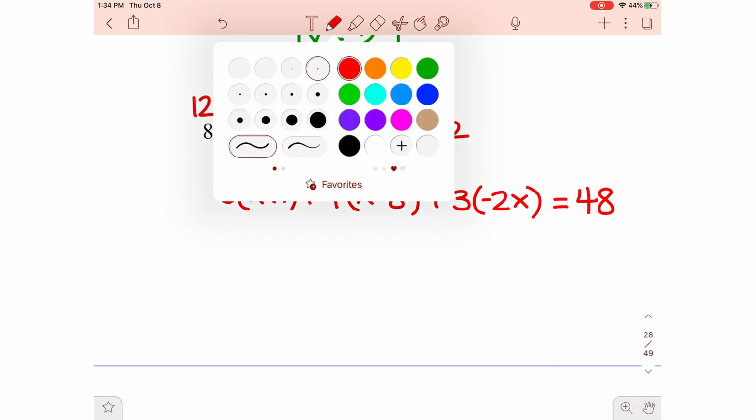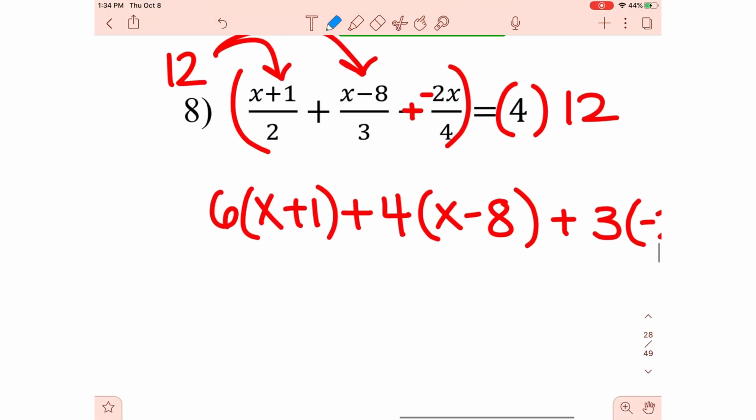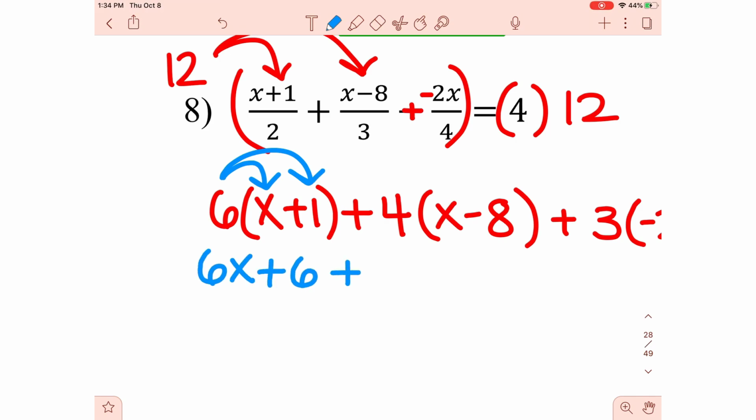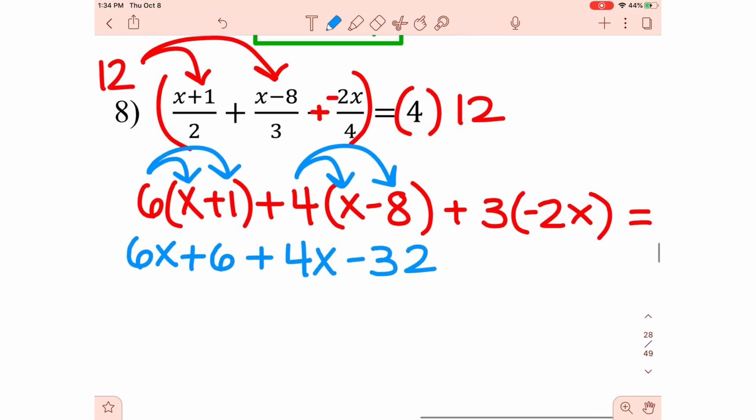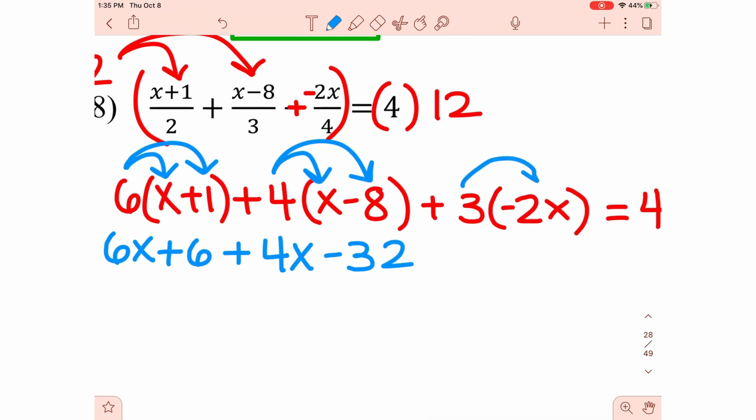And now I trust that you can finish solving this, so I'll do it quickly. I get a 6x plus 6 plus 4x minus 32 minus 6x.